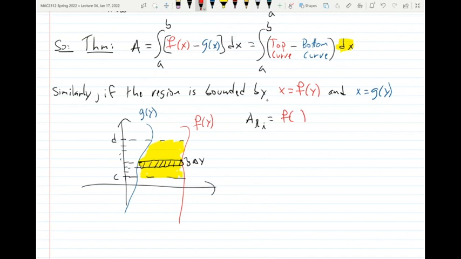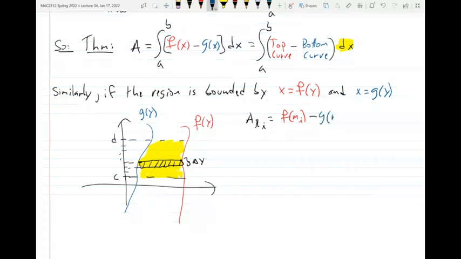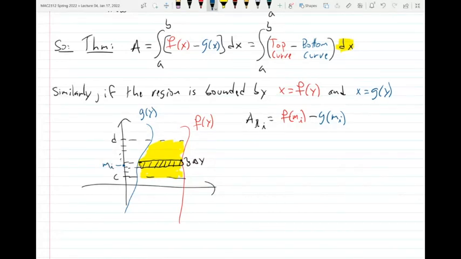Let's call it, I don't know, I use C, so let me use M. So f of mi minus g of mi. What is this mi? Mi is just a point here. Okay? And then times the thickness of the rectangle, which this time is delta y, which is the length of that little interval. Delta y here will be d minus c over n.